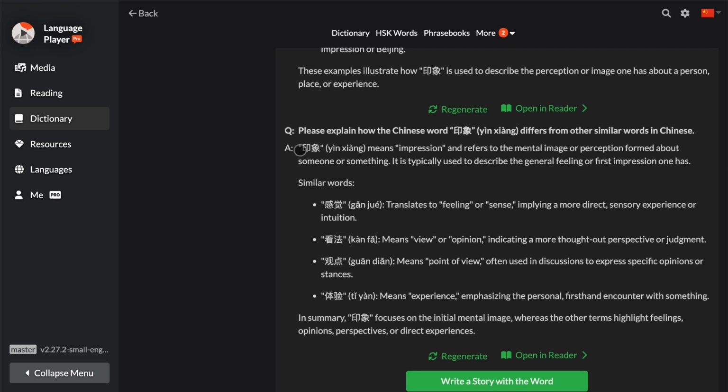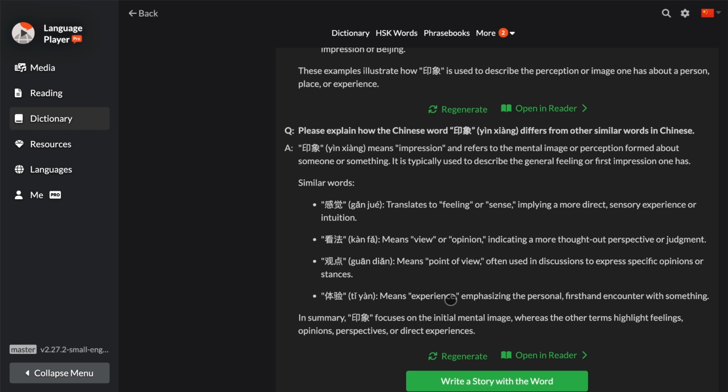So it says 印象 means impression and refers to the mental image or perception formed about someone or something. It's typically used to refer to the general feelings, etc. So it's giving you a list of words and it sort of explains the nuances of each word, although it doesn't directly compare and contrast 印象 with these words.